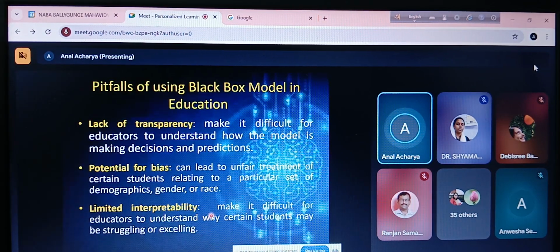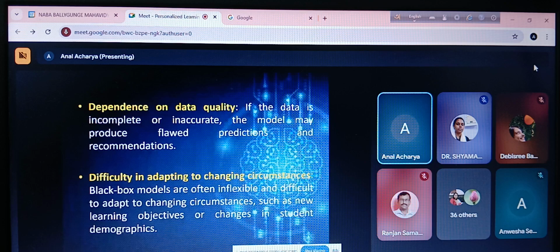Limited interpretability. We as educators should be able to understand why a certain student may be struggling, or why a certain student whom we find not very bright is excelling in the class?